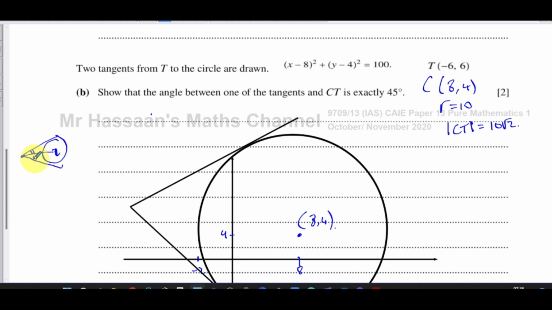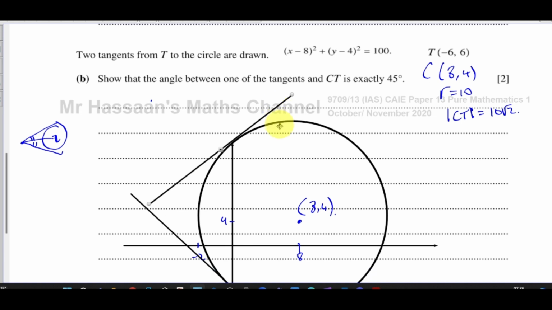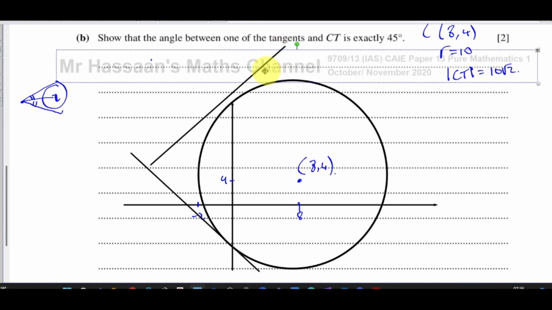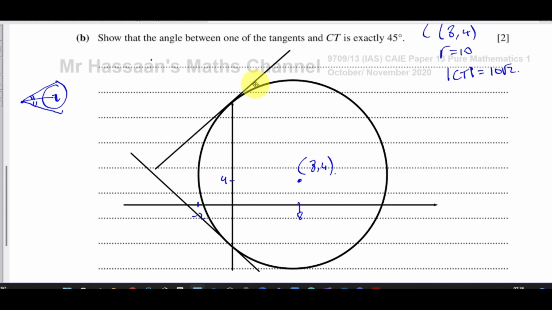So if the two angles are both 45, then this must be 90 degrees. So I'm going to try and draw this such that we end up with a 90-degree angle here, because that's exactly what it's going to be. You're going to end up with a 90-degree angle over here. So something like this.